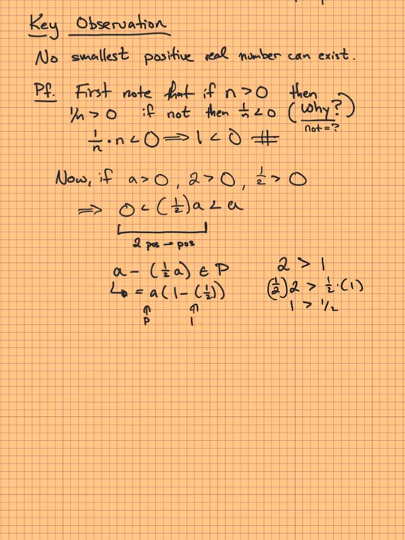So in particular, this is in P, and therefore the whole thing is in P. All right, so we can always find a smaller real number by dividing by 2.